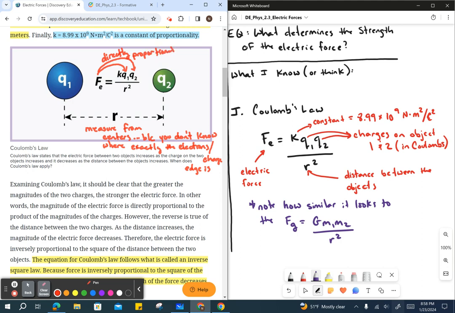So as the charge of object 1 goes up, the force electric will go up. If the charge on object 2 goes up, the force electric will go up, and vice versa. If the charges get smaller, the force electric gets smaller. They travel together. That's different than the relationship of force electric to r squared, which we say is inversely proportional.